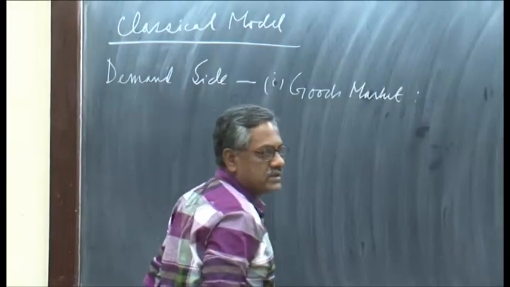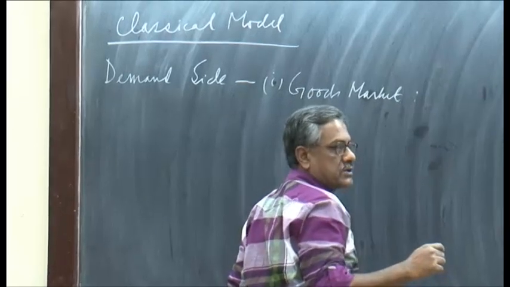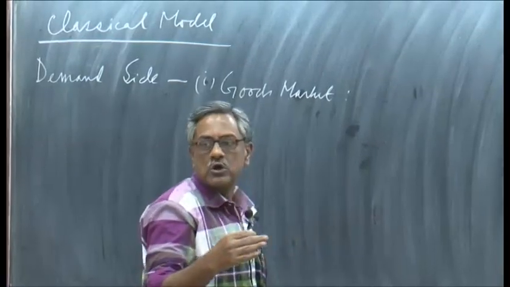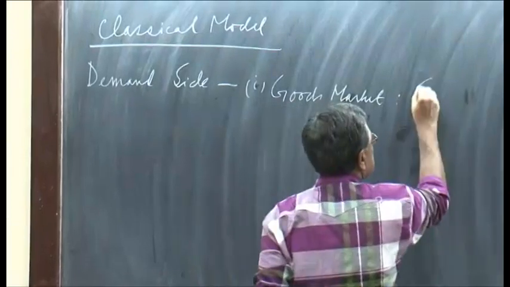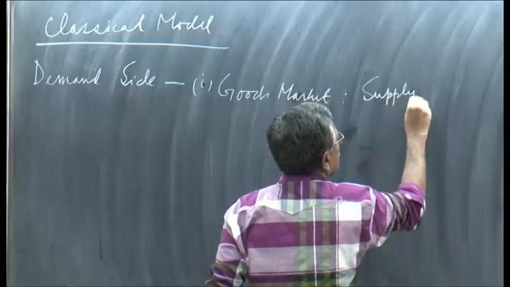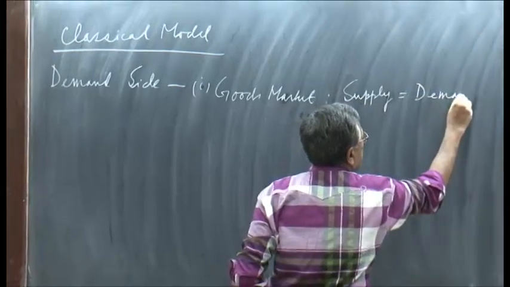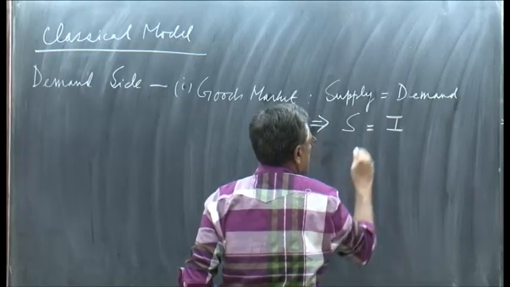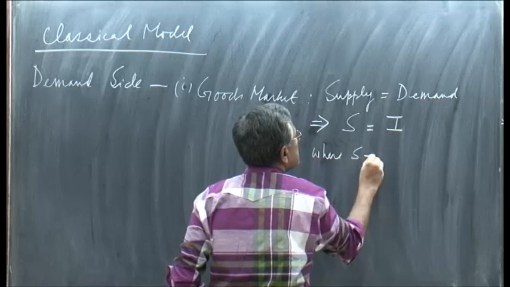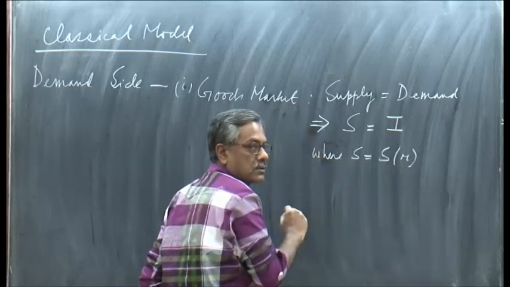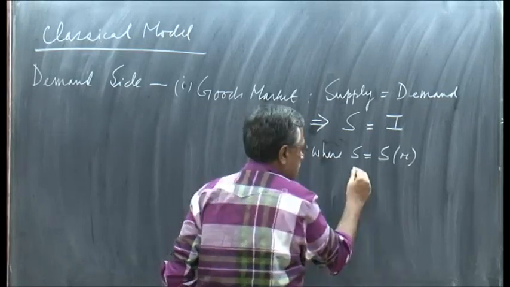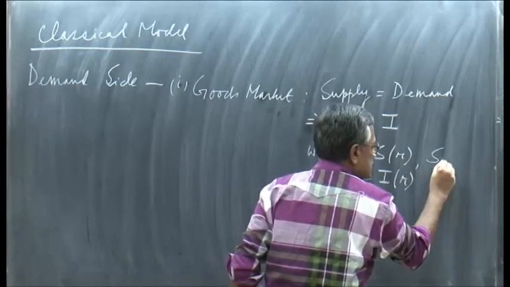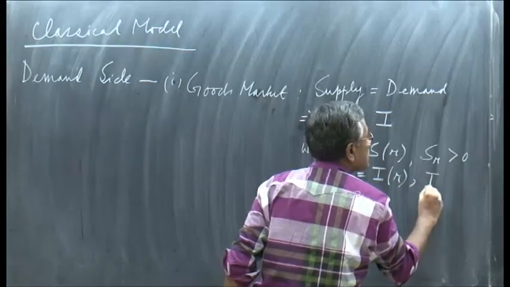And given all these identities, we found that the goods market equilibrium condition, which is supply of goods equal to demand for goods, essentially implies S is equal to I, where S is a function of the real interest rate, and I is a function of the real interest rate, and the partial derivative S_r is positive, and the partial derivative here I_r.